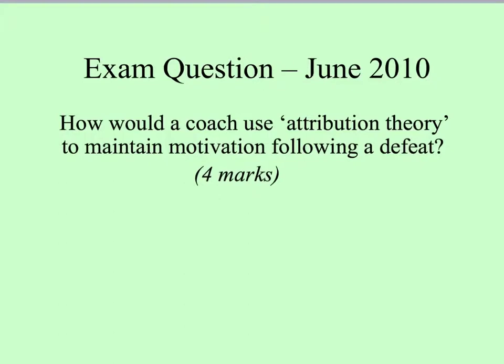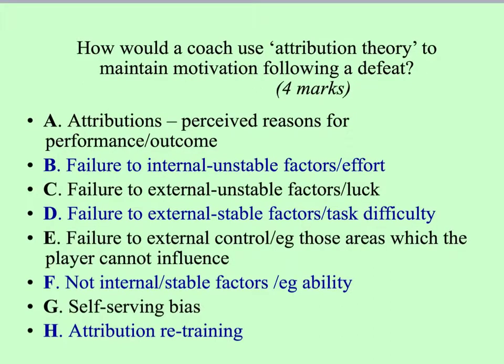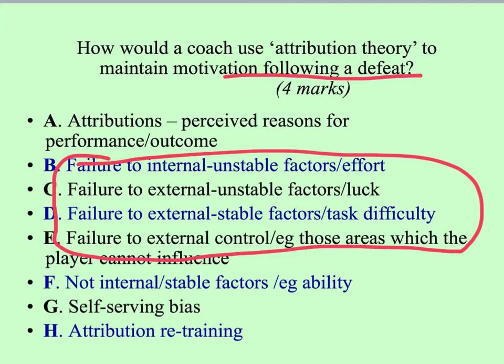So, a typical exam question around using attribution theory to maintain motivation. You can see that we're gaining a mark for saying what attributions are, and then we've got different factors, because the question said following a defeat, so these are all to do with failure, that we can blame from Weiner's model.